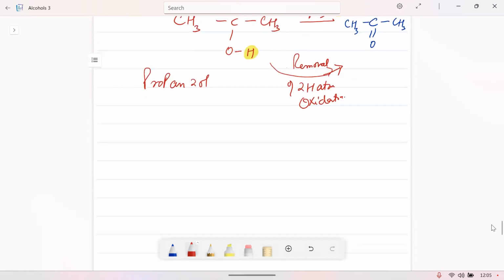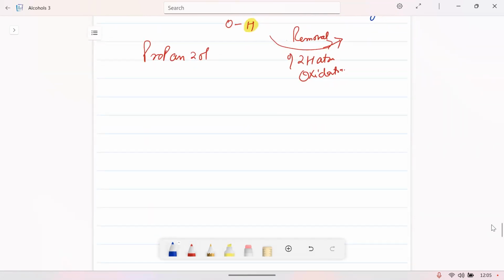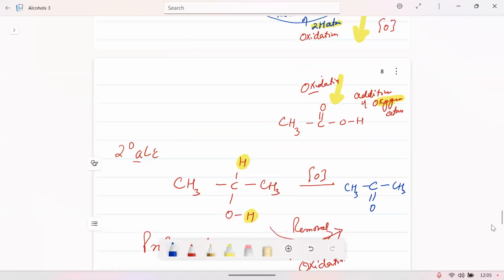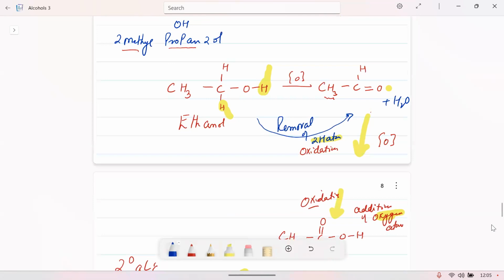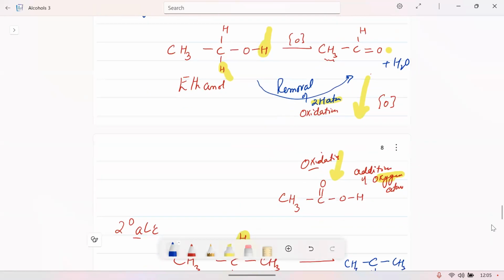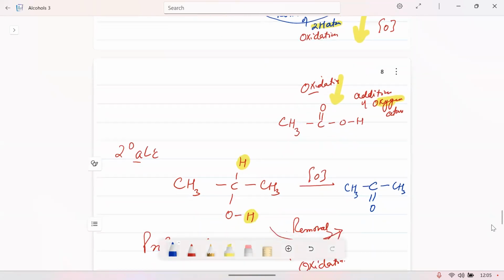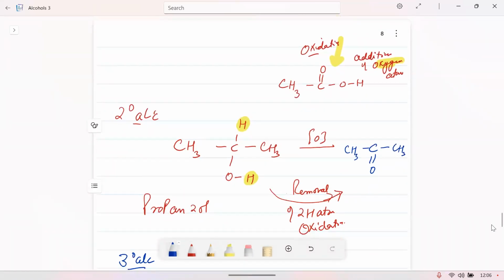But now, if you look at the tertiary alcohol, whether it is primary or secondary, in both cases the first step is the removal of the hydrogen attached to the oxygen and the hydrogen directly attached to the carbon carrying the OH. This is also called an alpha hydrogen, because this carbon is called an alpha carbon.